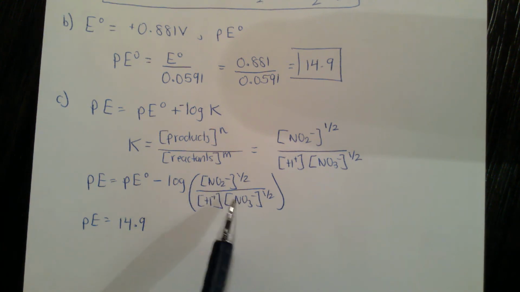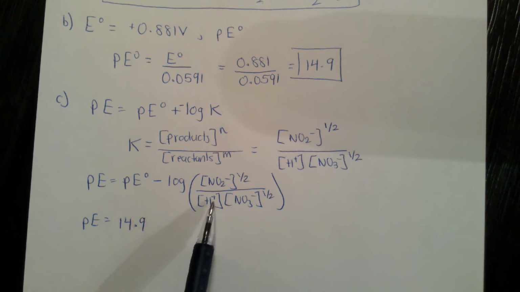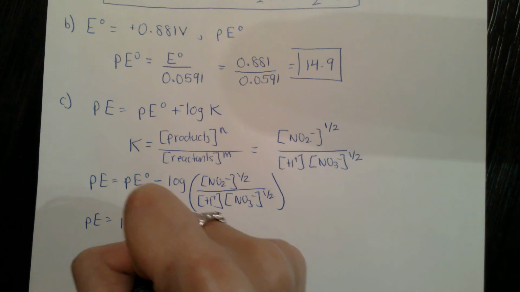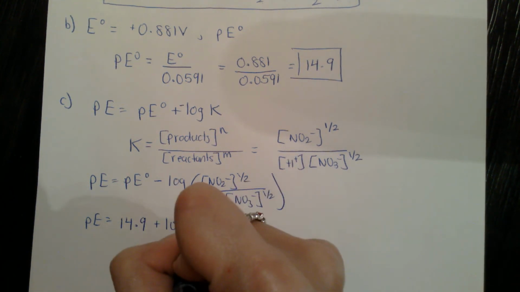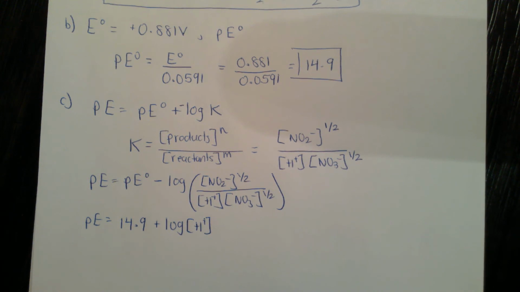I want to know the ratio of these two things. Okay, so if you have a negative log of something that's in the denominator, that turns into a positive. So this will be plus log of H plus. Okay, so that's nice. So we get to bring that out.